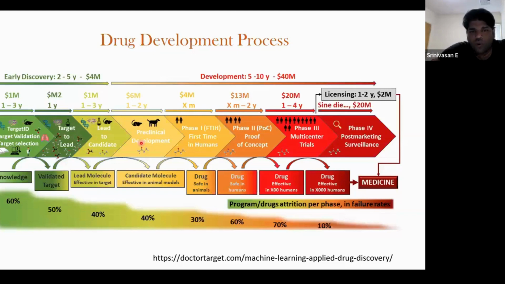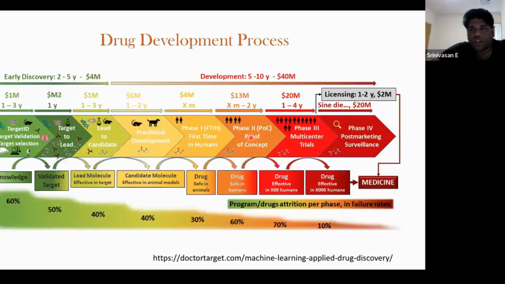If they move on to preclinical development and fail there, they return back here and do this stuff again. This alone costs them 3 to 4 years. Once they have the lead or candidate molecule, they go for preclinical development. If it succeeds, they go into animal models, then into human models, then into a proof of concept with one particular set of people from one particular ethnicity.